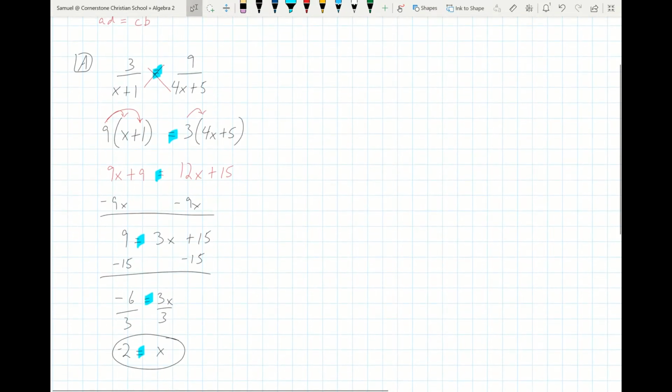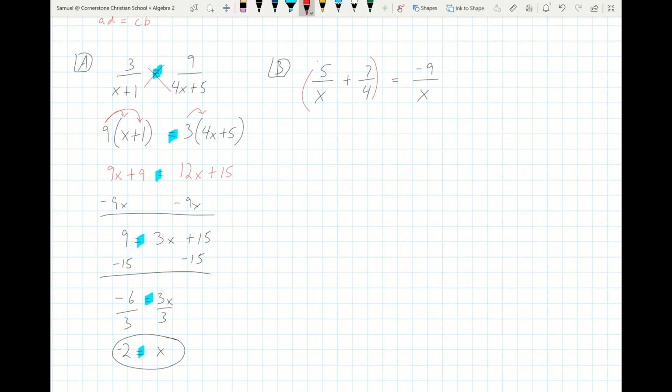Let's say we are given example B, which is 5 over x plus 7 over 4, and this is equal to negative 9 over x. Now, this one has a couple more things going on. If I was thinking of order of operations, I should do the left side first.